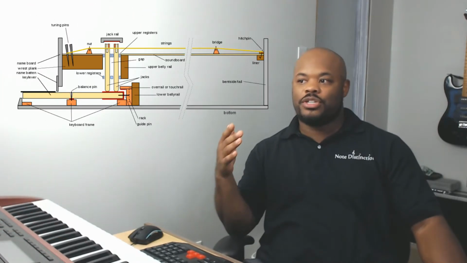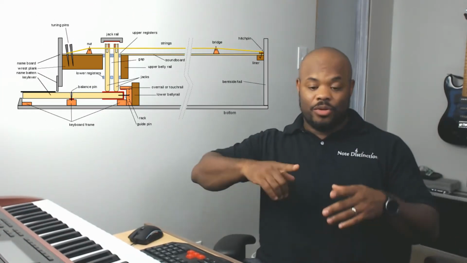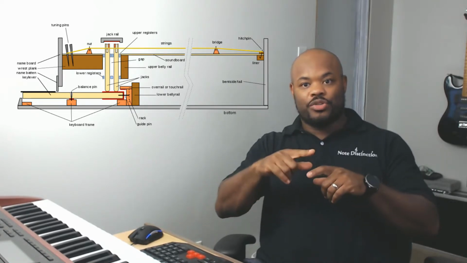The reason the harpsichord had problems with dynamics was because it used quills to pluck the string. No matter how hard you press the key, it would still only have that one action of plucking the string. You could press the key really hard and it would pluck the string at one strength. You could press the key softly and it would pluck the string at one strength. It was always the same dynamic.